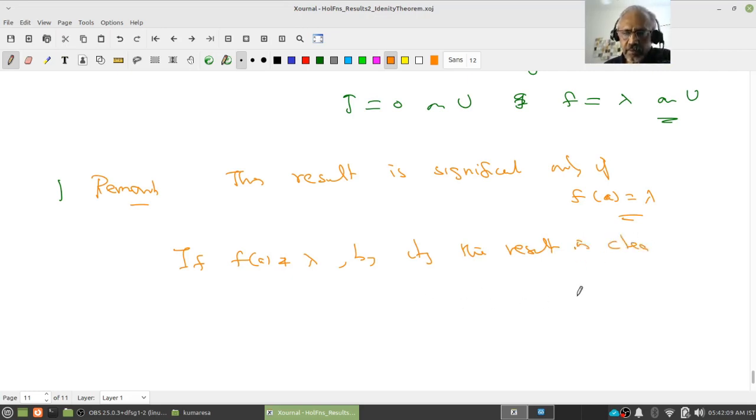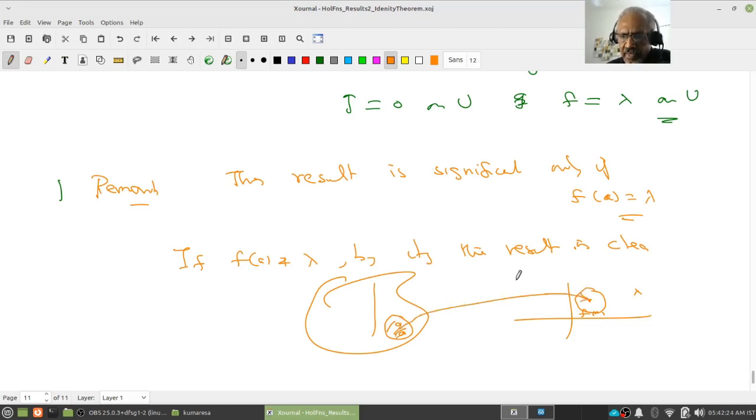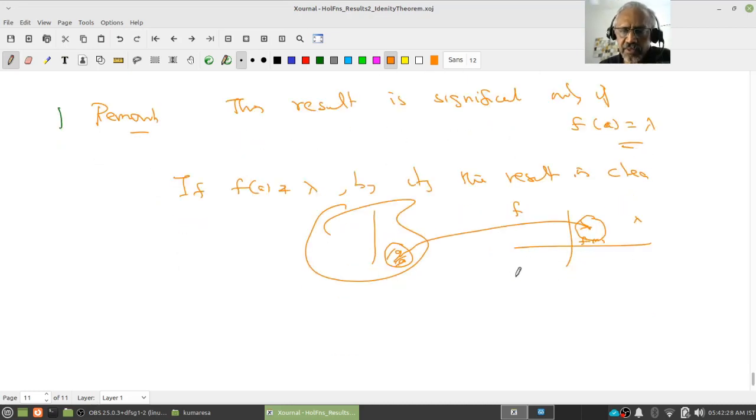So I have f of a and lambda, therefore I can choose an open disk, and there is an a, there I can choose something. This ball will be mapped by f to this, therefore all these points here will miss lambda. So the only thing is f of a equal to lambda.